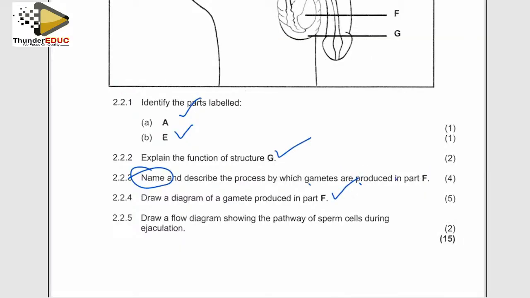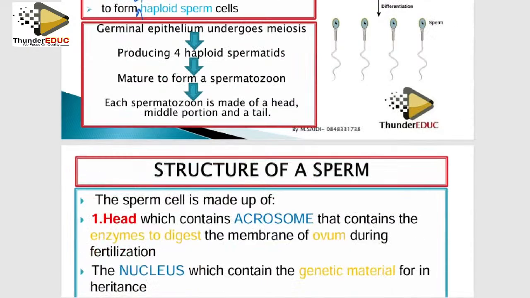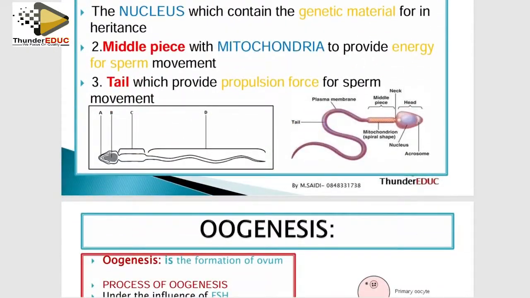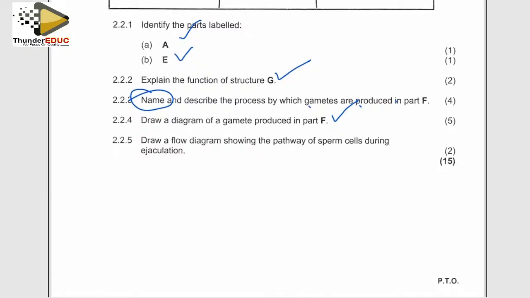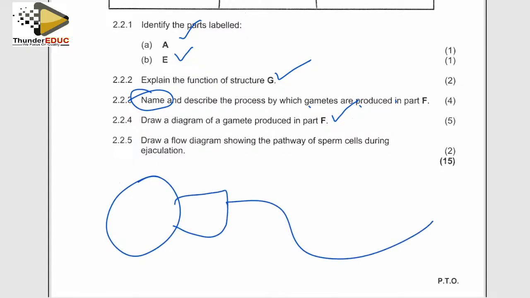Then they're saying, draw the diagram of the gamete formed. I also explained that, and I say that here you just draw the structure of a sperm. But draw it properly. When you're drawing, don't just draw a round head.